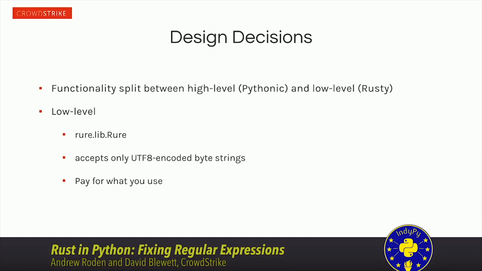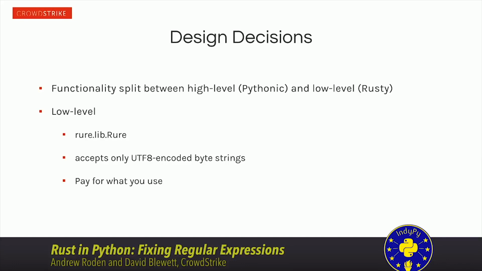The Ruhr interface allows you to only pay for what you need, the computation that you actually want. If you just want to see if this expression matches, you can just say, does it match? If you want to know exactly where in the string it matched, that requires more computation, so there's a different function for that.